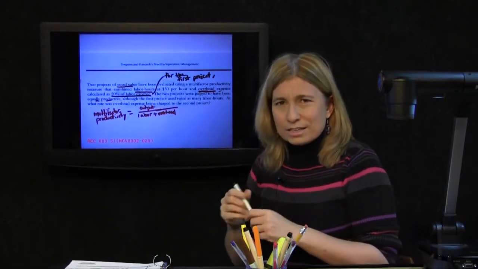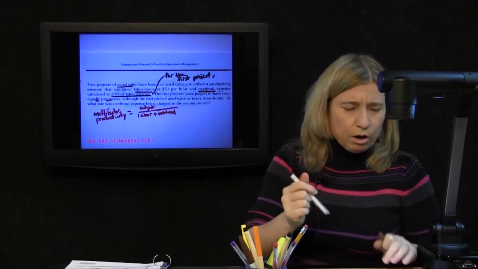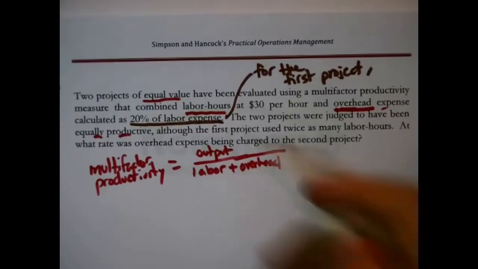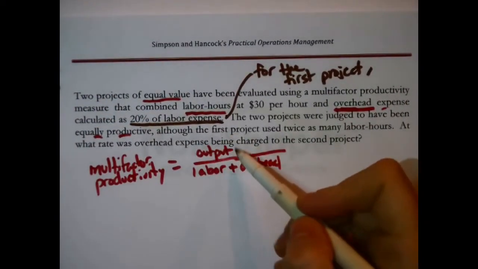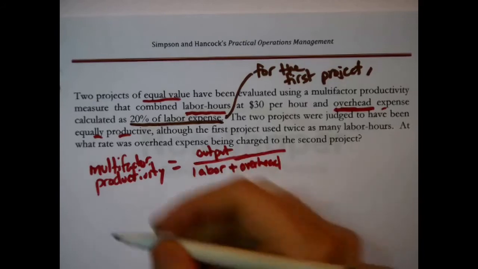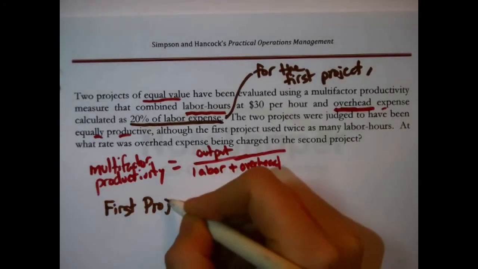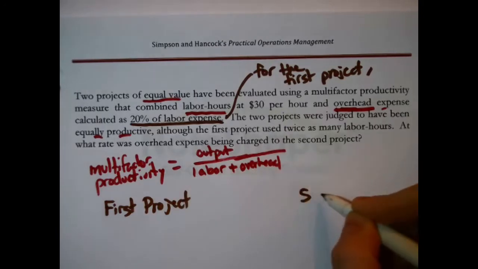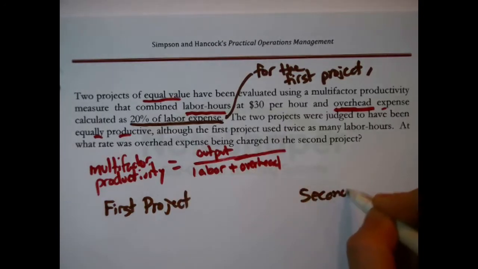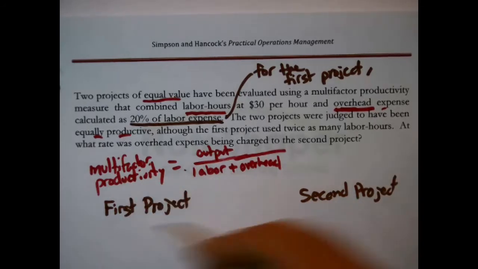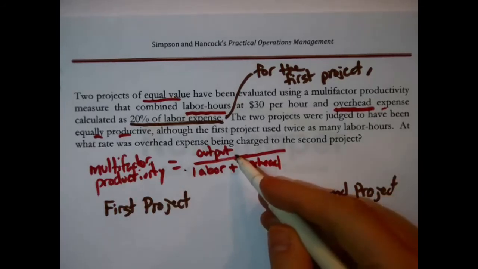Let's lay this out. First off, multi-factor productivity is output. You might be wondering, there's a first project and a second project, and their multi-factor productivity balanced. What was the output?